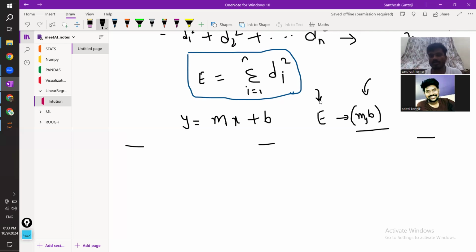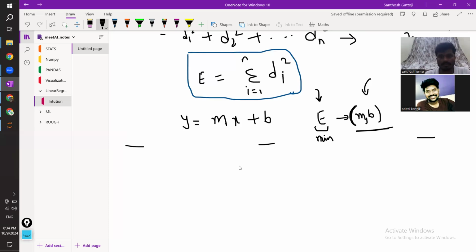I don't want to know what values of m and b I'm going to get, but that set of values should give me the minimum value of E. I'm only looking at E. Sometimes in interviews people get confused. So always remember, we are not focusing on the minimum values of m and b; we are focusing on the values of m and b that give us the minimum value of error E.